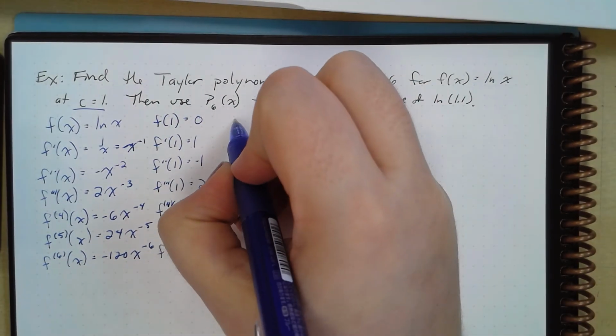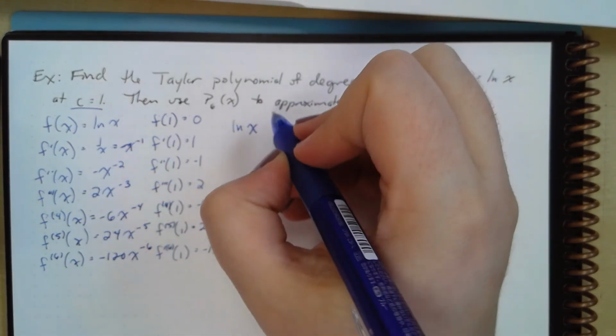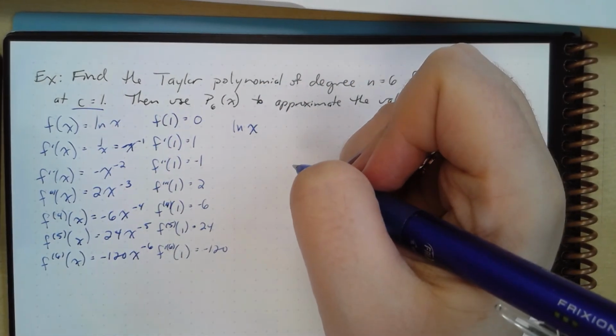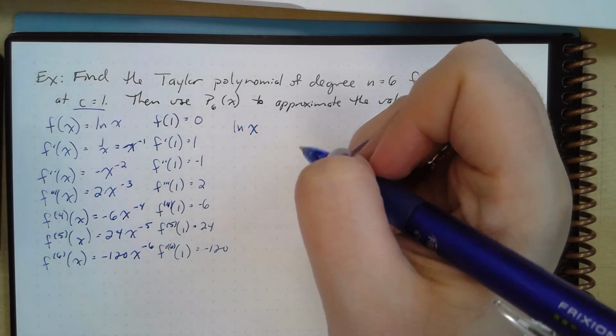So ln of x, we can write out our Taylor polynomial. How is a Taylor different from a Maclaurin? Well, they're the same, but Maclaurin is centered at 0.